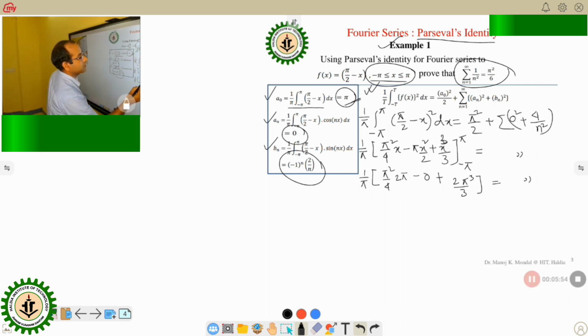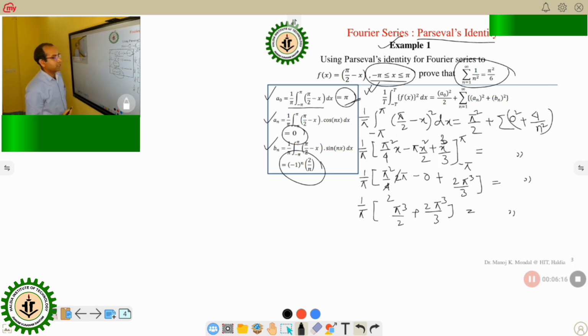And next the calculations. Here 2 cancels 2, that means 1 by pi, pi cube by 2 plus 2 pi cube by 3, and the right hand side is the same thing.